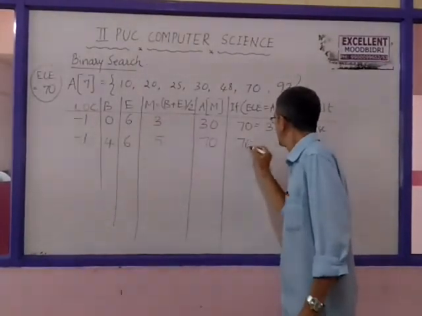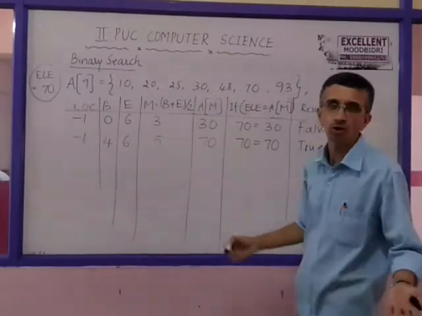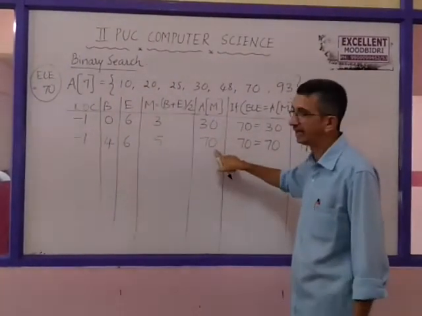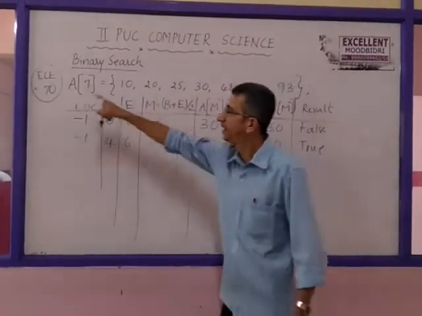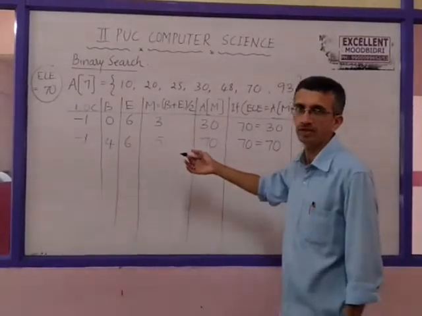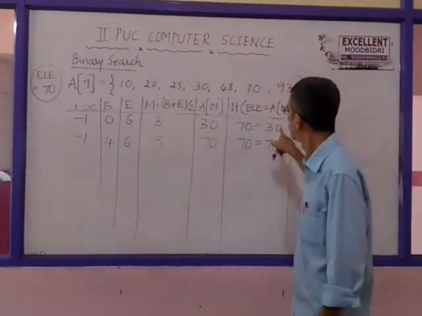Now the search element is equal to the mid element. True. Immediately we got true. Mid is 5, A of mid is 70. According to the algorithm, we are going through the steps. A of mid is equal to element, true.